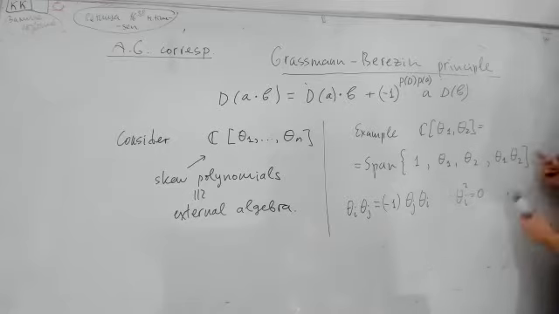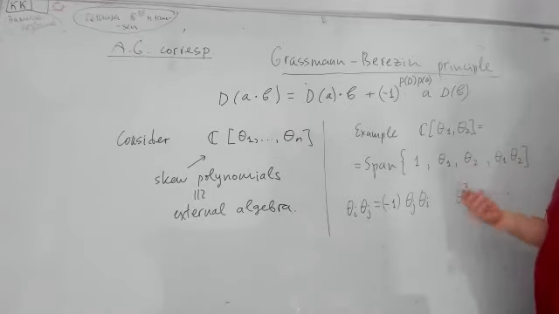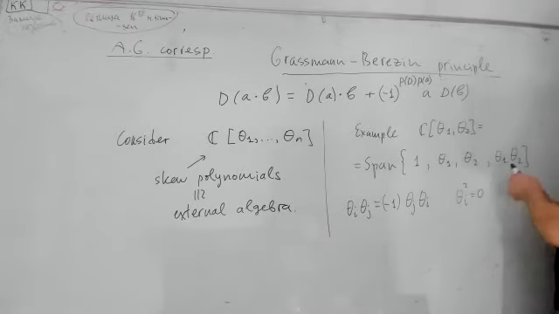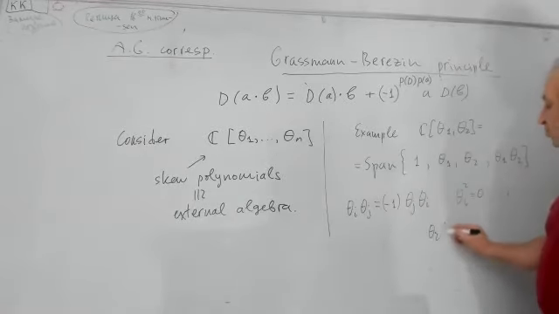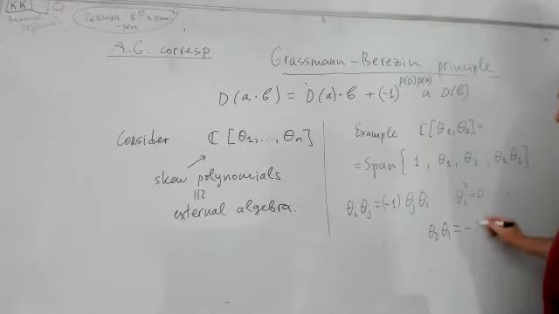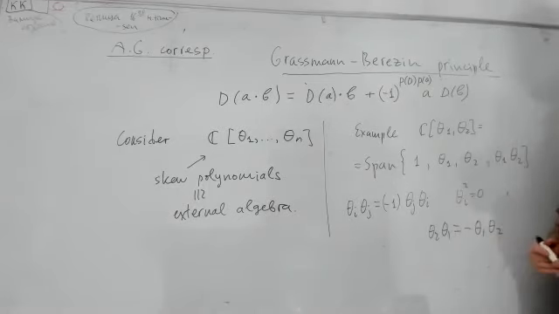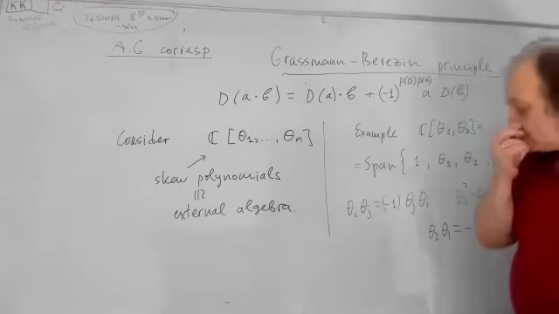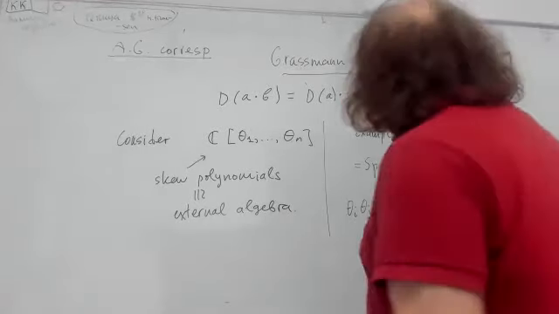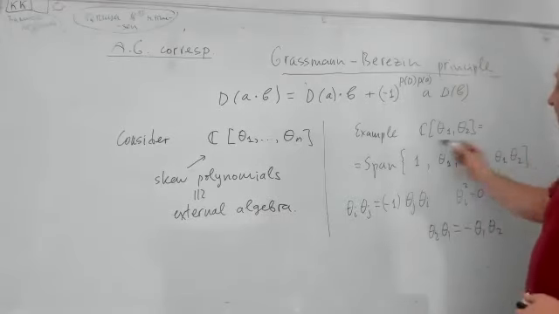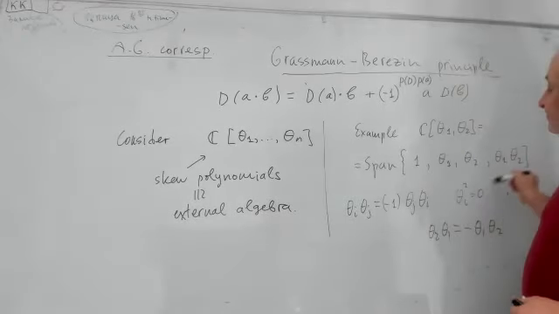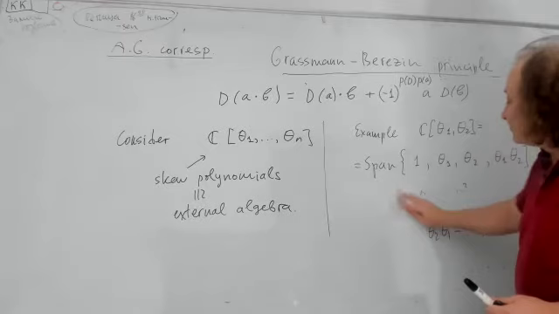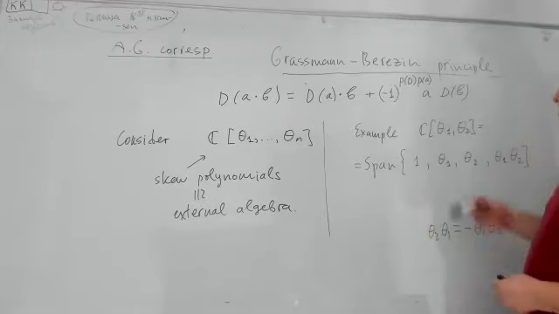You just multiply, and if you have two thetas of the same kind, it is 0. If you have theta 2 theta 1, it equals just minus theta 1 theta 2. So this is a supercommutative algebra.